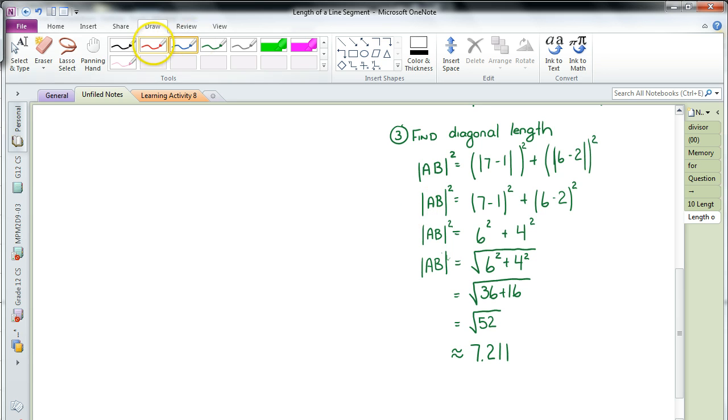The reason I can do that is because squaring a number results in a positive, so I don't need those absolute value brackets. So then I have 6 squared plus 4 squared. I take the square root of both sides, and then I work that out, and I have approximately 7.211.